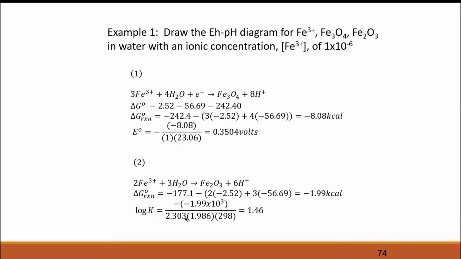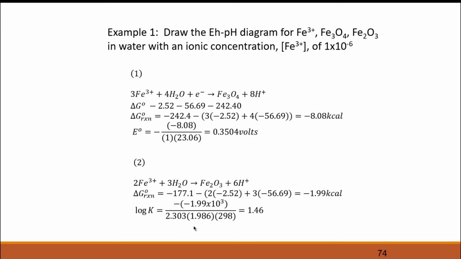Okay, so that's why there is 2.303 here. This is because we converted ln K_eq into logarithm, because if you remember, ln K is just equal to 2.303 times log K.